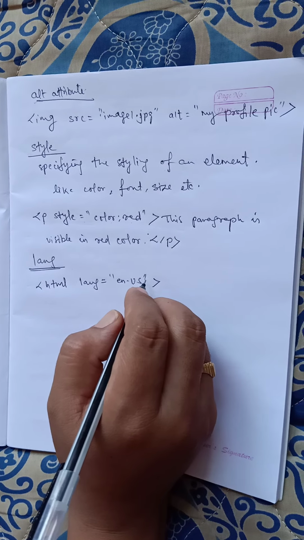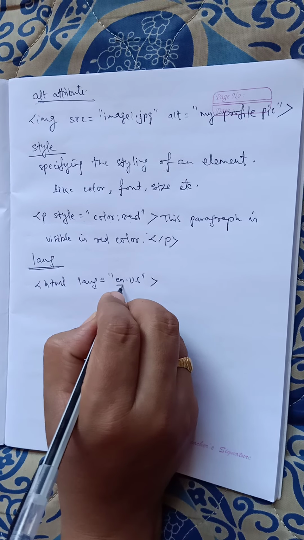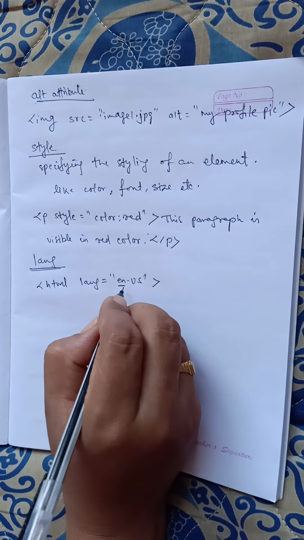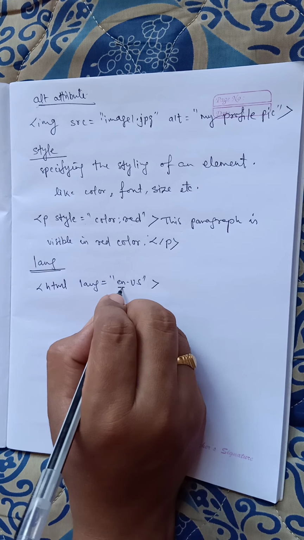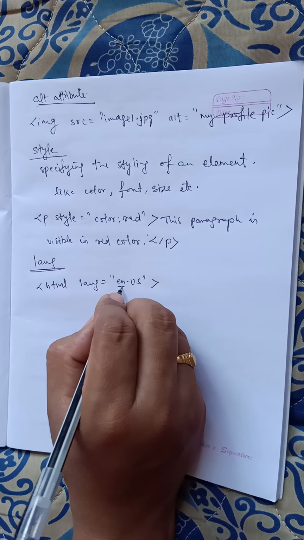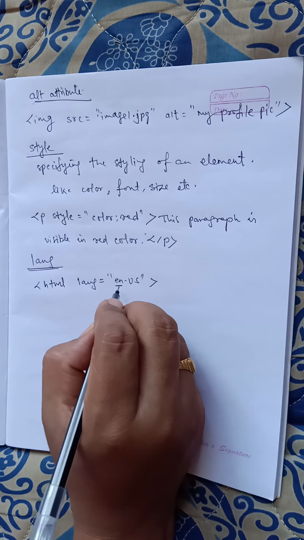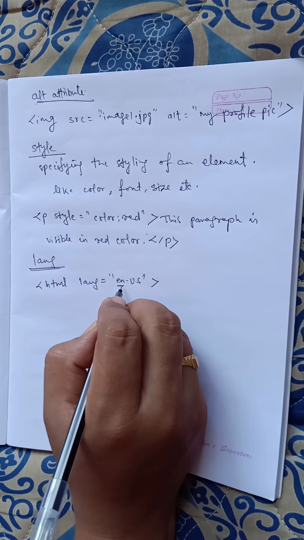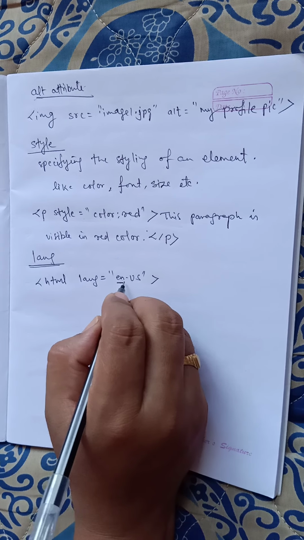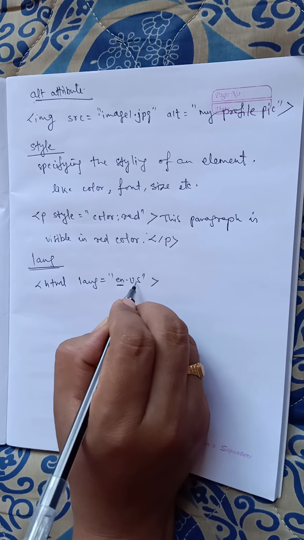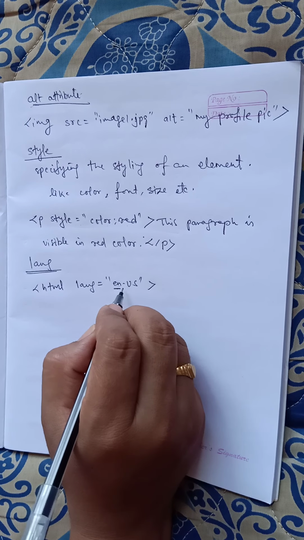The first two letters specify the language. So here EN is English. If there is a dialect, you can use two more letters. English may have, suppose some other languages also whose first two letters are EN. So in that case I can use two more letters, that is US English. So this means US English.